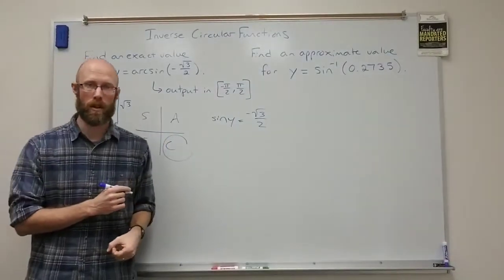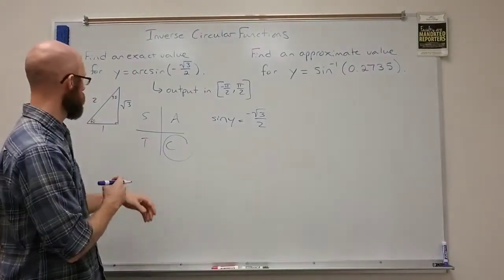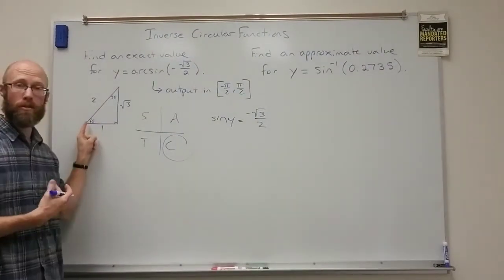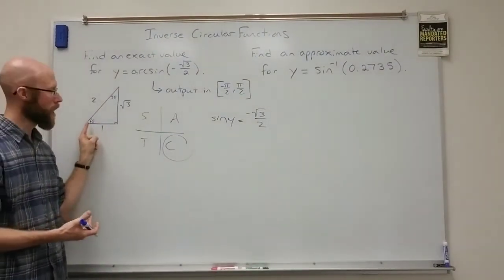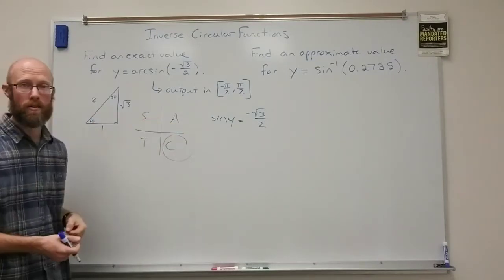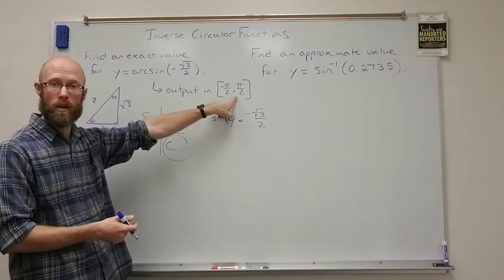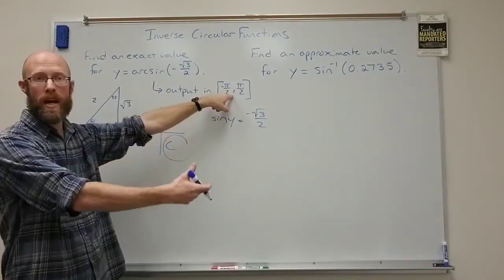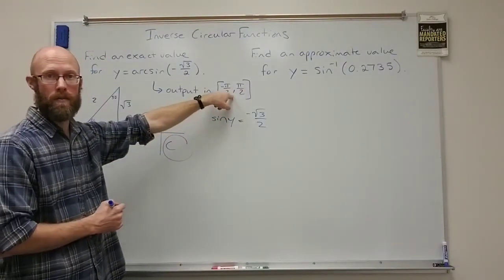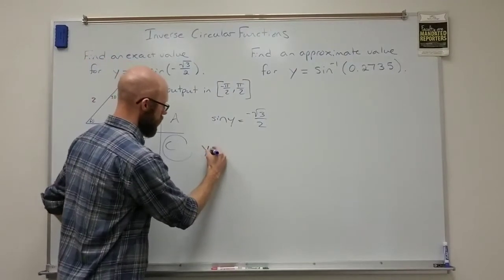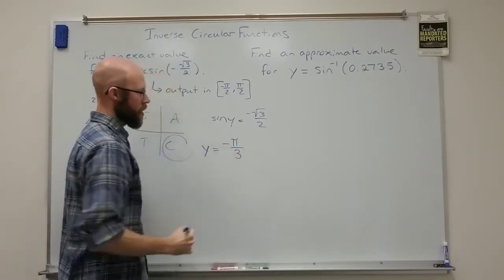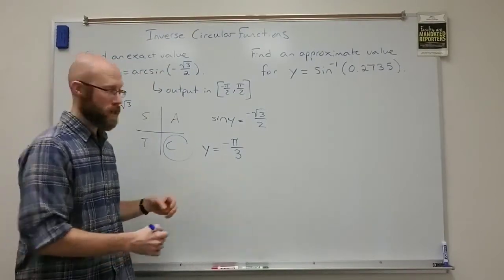And so I don't want pi over 3, which is a 60-degree angle. I want negative pi over 3 because that's in the interval of the range of the arc sine. So that tells us that y must be equal to negative pi over 3, or a negative 60-degree angle.